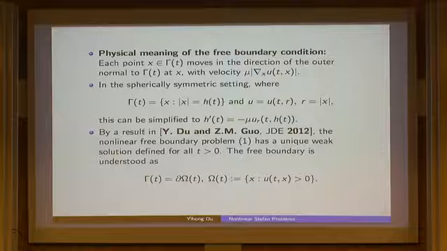And we know that this problem always has a unique weak solution. I won't define what we call a weak solution. It's a bit complicated.